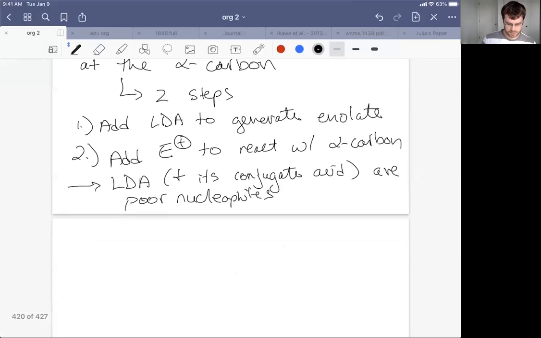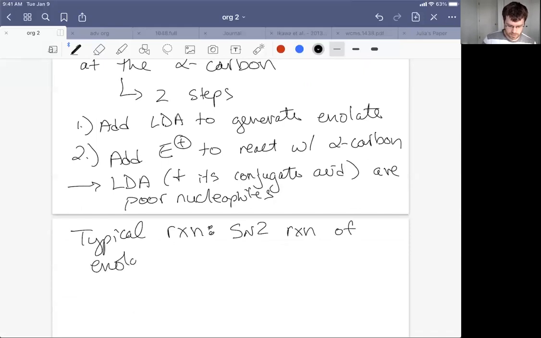Okay, so a typical reaction would be an SN2 reaction of enolates with haloalkanes. So this is a callback to one of the most important reactions in organic 1, which is the SN2 reaction, where you take a nucleophile and you add it to a haloalkane.